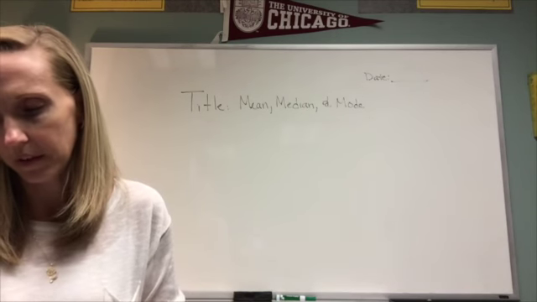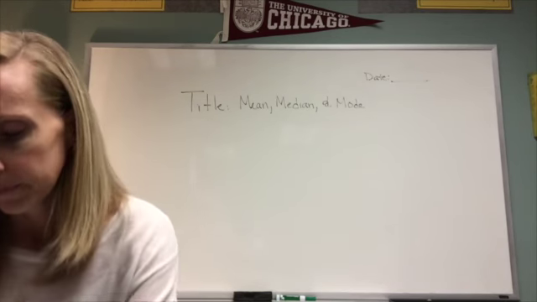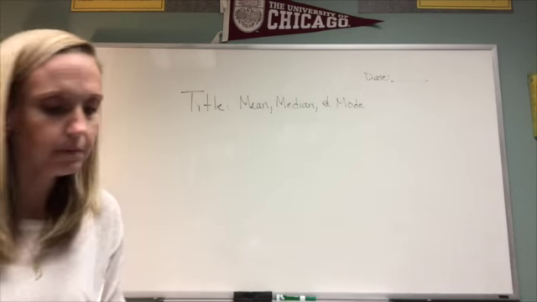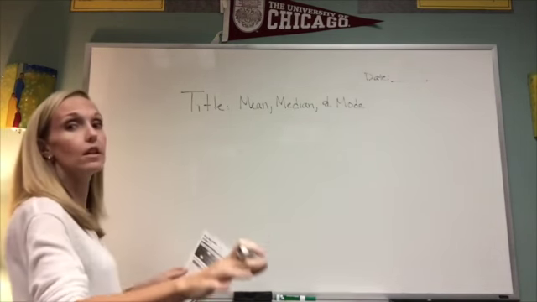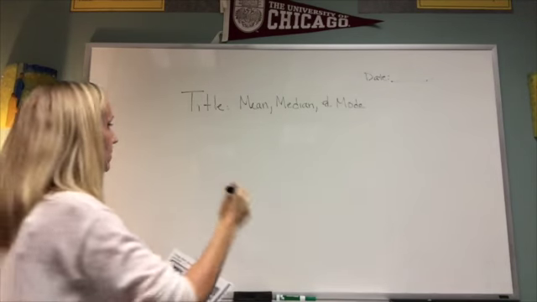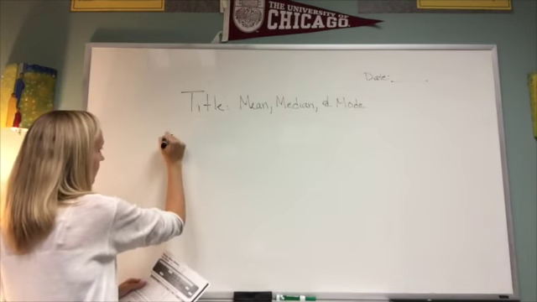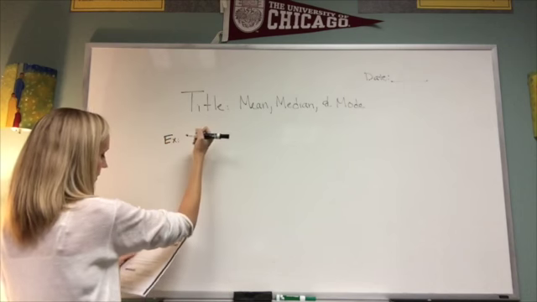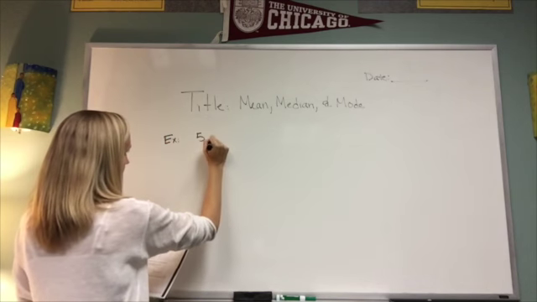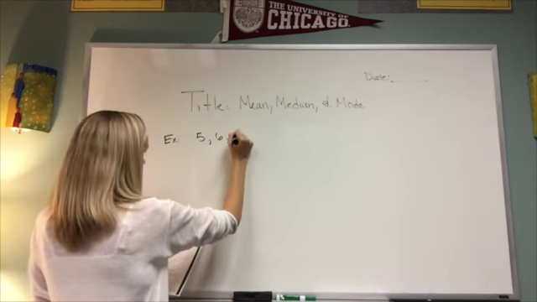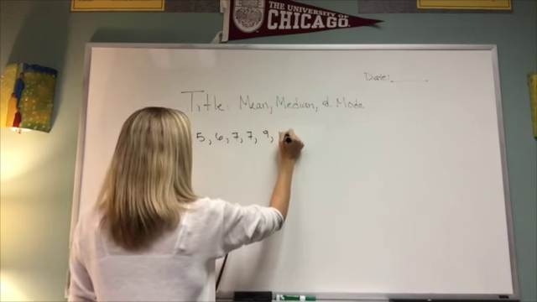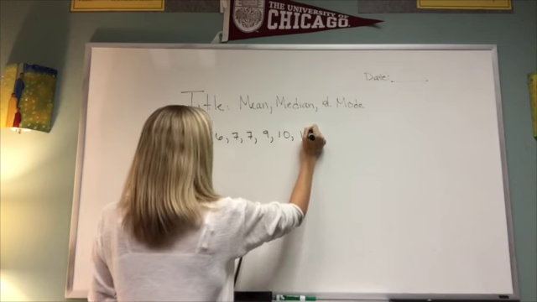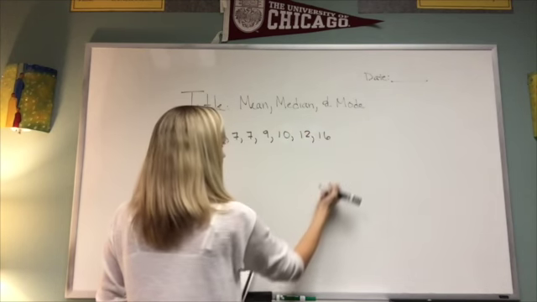It truly just depends. Okay, so this is in numerical order. I want to be nice. So for example, we have 5, 6, 7, 7, 9, 10, 12, and 16.